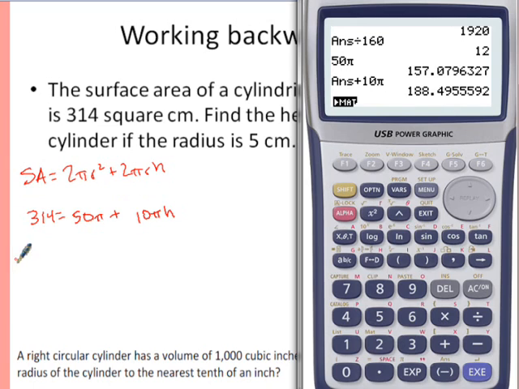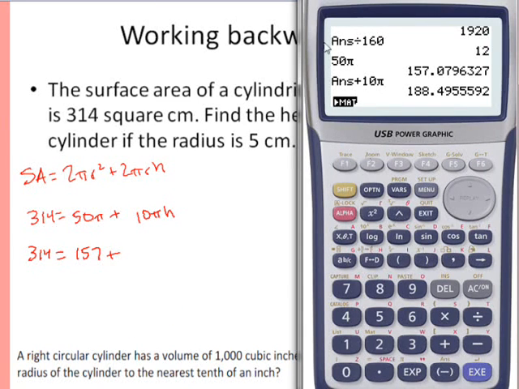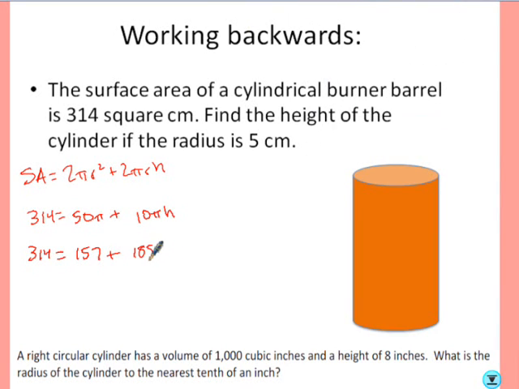So I have, and I'll just round to the nearest whole number, we'll make these simple, 314 equals about 157, plus 188h.